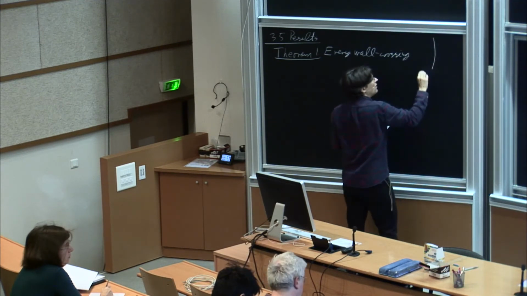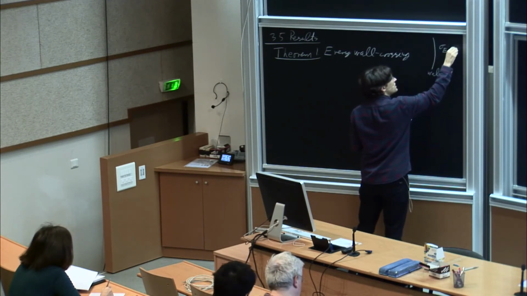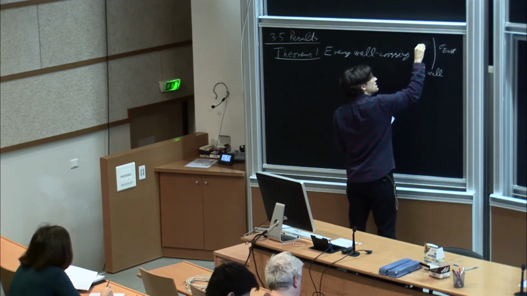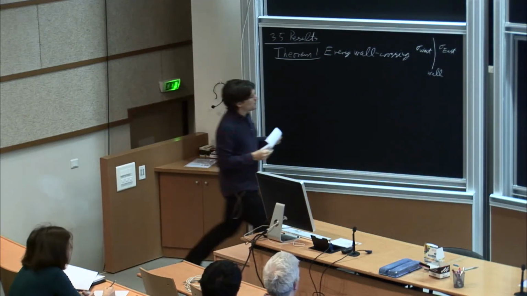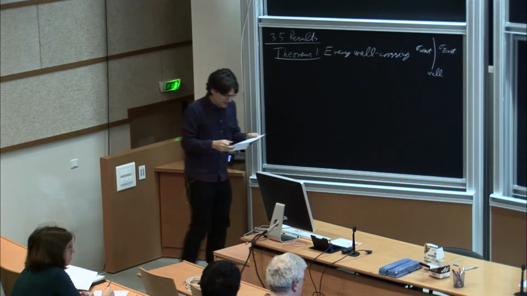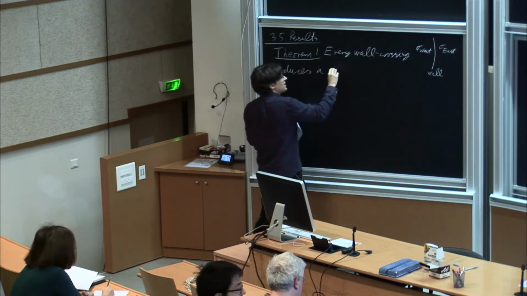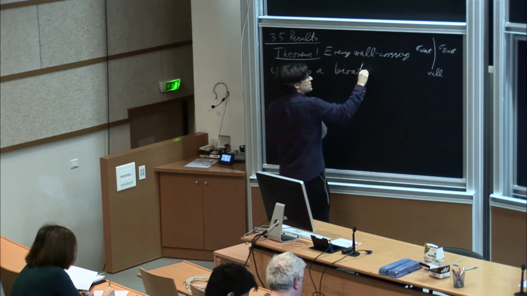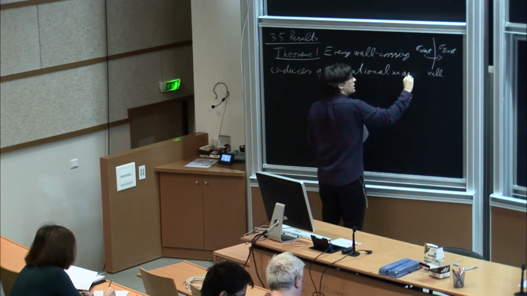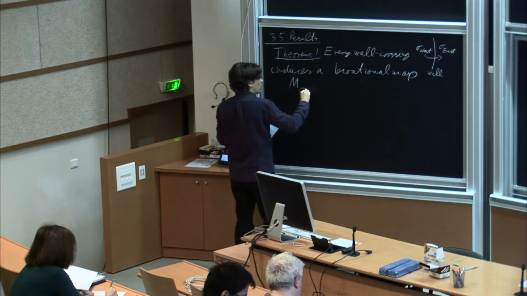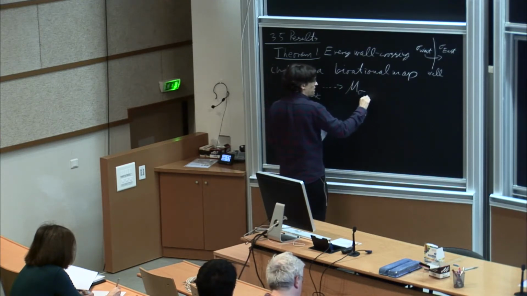right, so here I have a wall, and here's sigma east on one side of the wall and sigma west. Since I'm German, a wall has to separate east and west. And then the claim is that such a wall crossing induces a birational map from M sigma west to M sigma east.